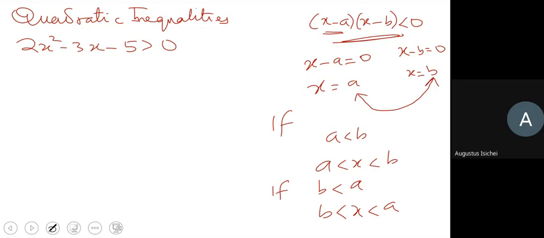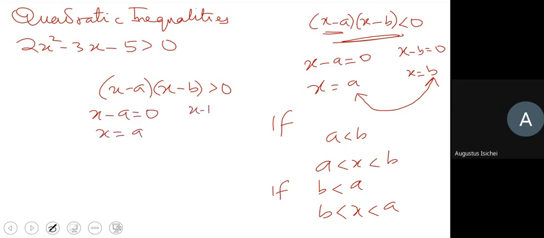But if it is a greater than sign, like the one we have in this question, so if you have (x minus a)(x minus b) greater than 0, do the same thing. Take the first expression, set it to 0, and solve for x. You get x as a.